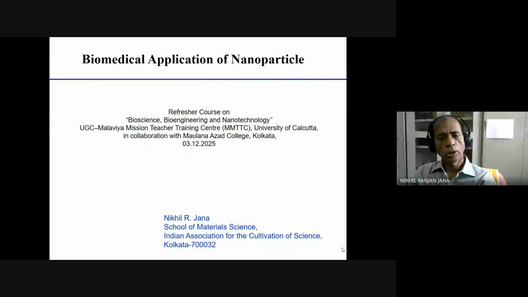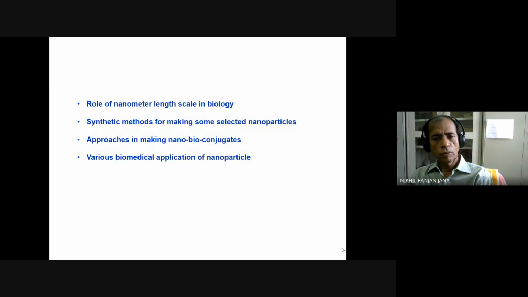Okay. So good morning to everybody. Today we will talk about the biomedical application of nanoparticles, and these are the 4 specific areas that I will try to cover. First one is in general the role of nanometer length scale in biology, meaning why nanoscience is important in biology.